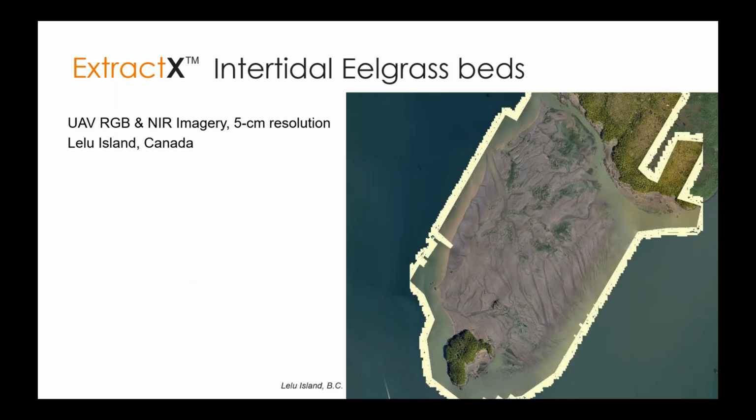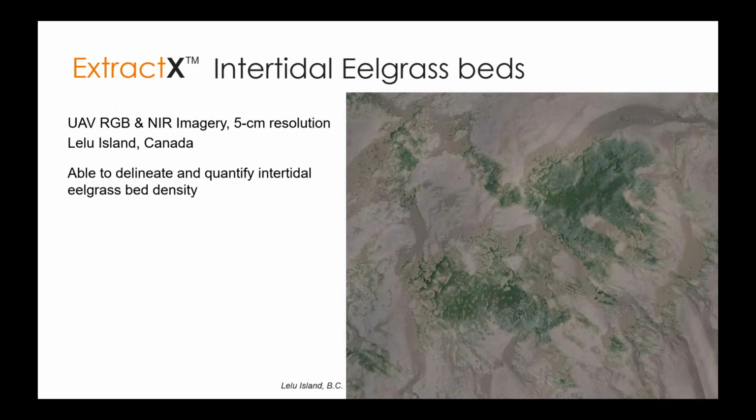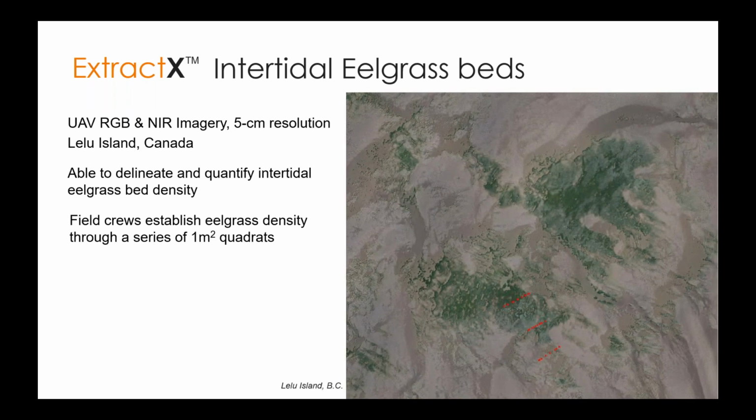Another example here, Lilu Island in Canada. Again, we had some beautiful drone imagery. Here, the client wanted to know the density of intertidal eelgrass on Lilu Island. So here's just a zoom up of the intertidal eelgrass in the imagery.